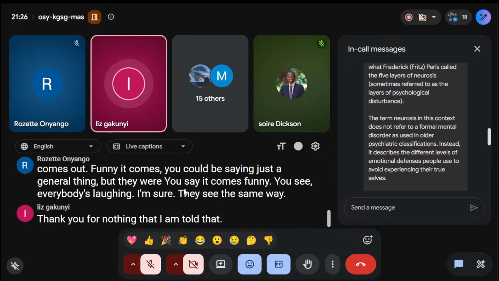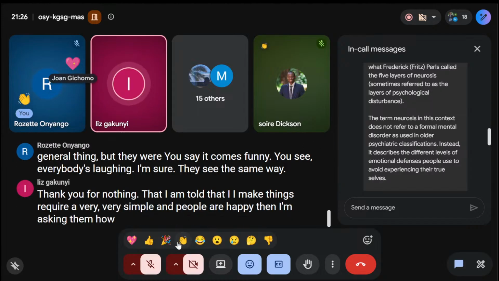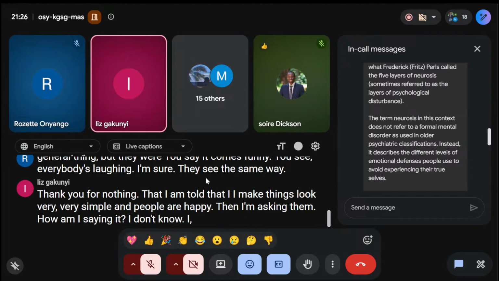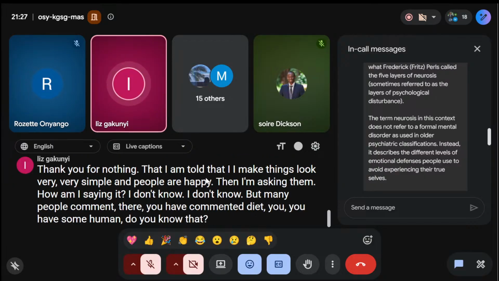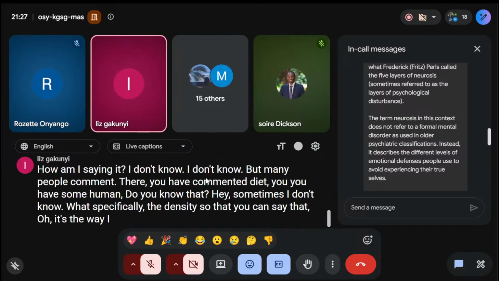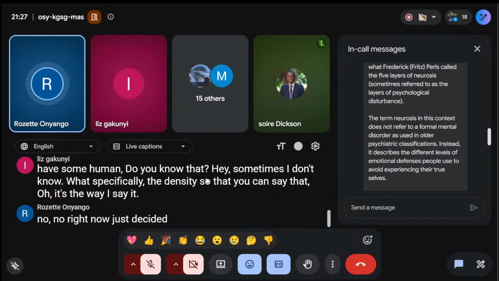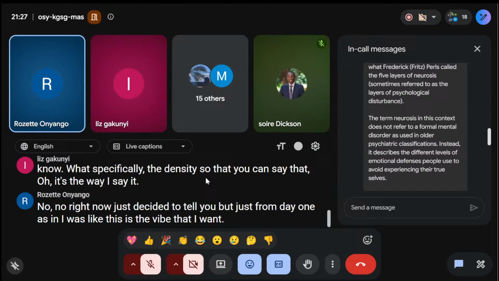I am told that I make things look very simple and people are happy. Then I ask them, how am I saying it? I don't know. But many people comment the way you have commented. You have some humor. Right now I've just decided to tell you, but from day one I was like, this is the vibe that I want. Life is not that serious.